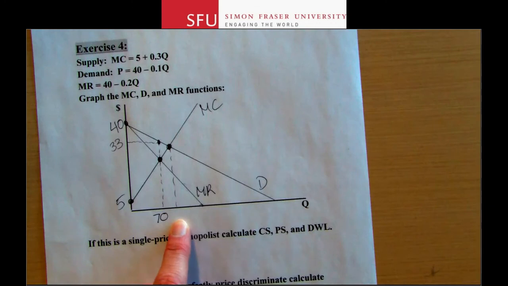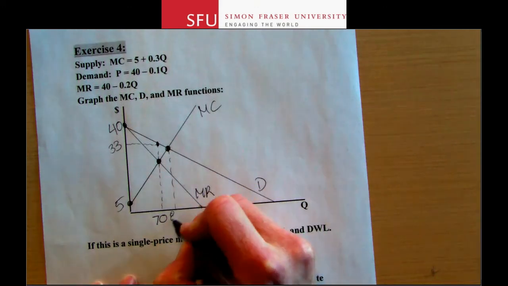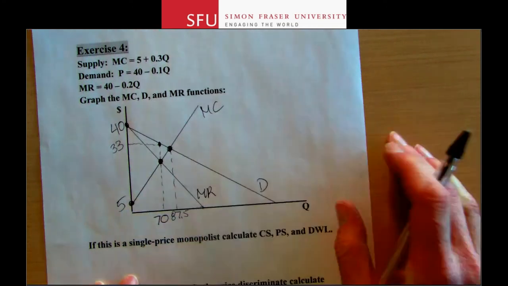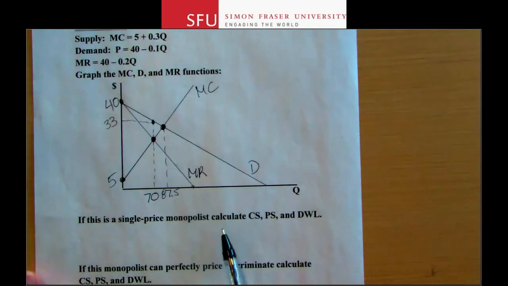This would be Q star here, where MC equals demand. Okay, 87.5. Good. Okay. So if this is a single price monopolist, calculate consumer surplus, producer surplus, and deadweight loss.